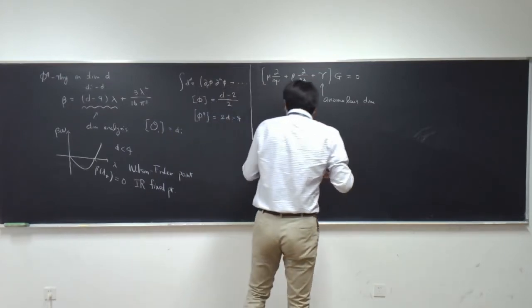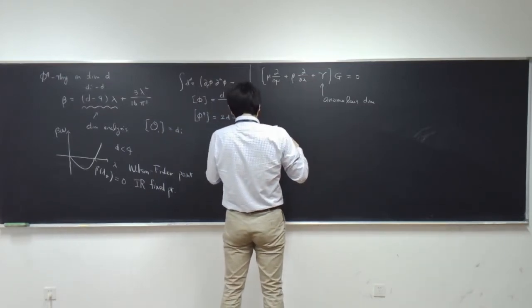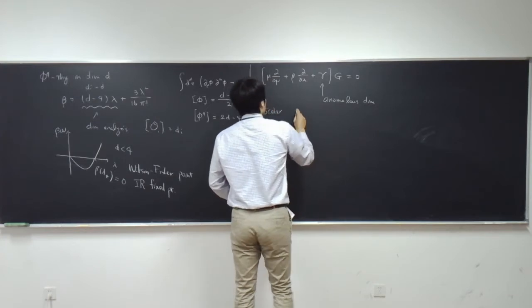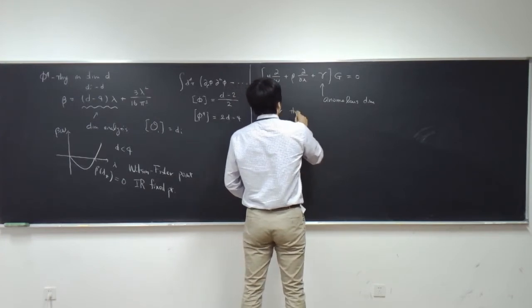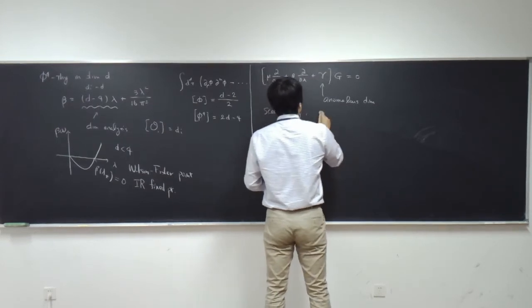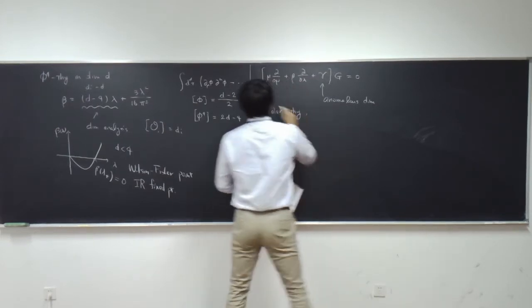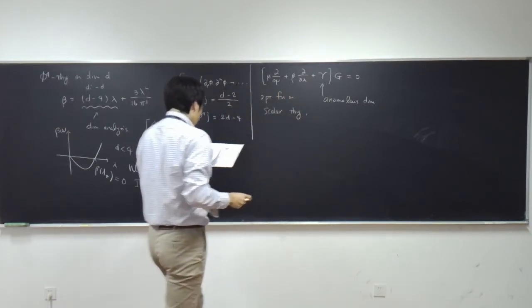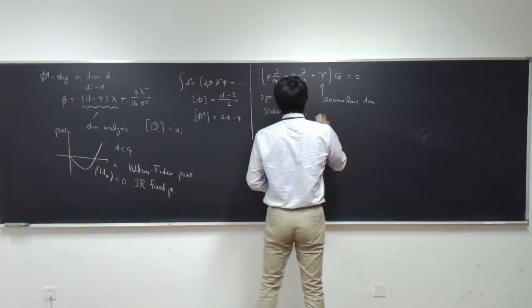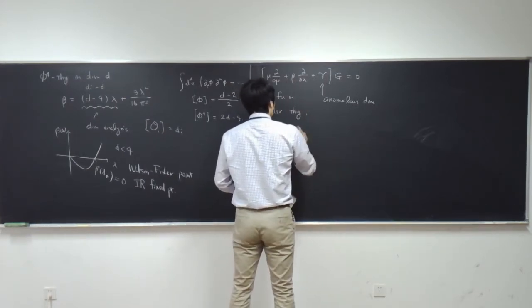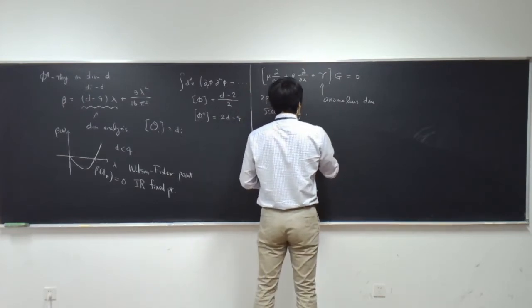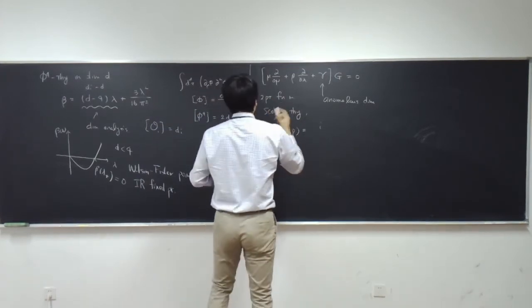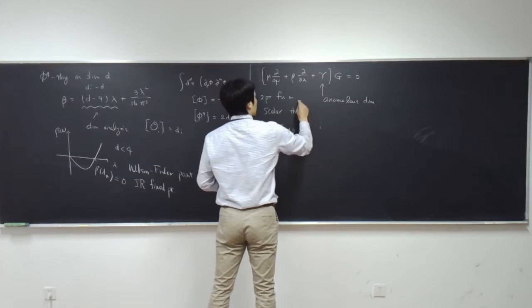So let's consider some scalar theory, and the two-point function in scalar theory. In momentum space, G2 of p can be written as follows. We assume it's a massless scalar theory.